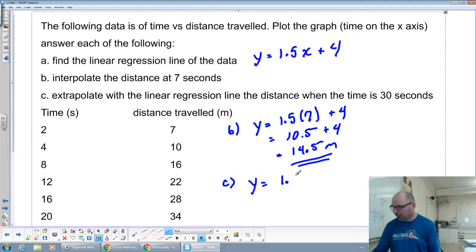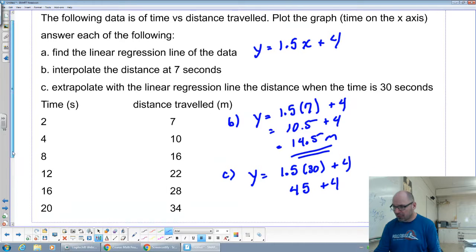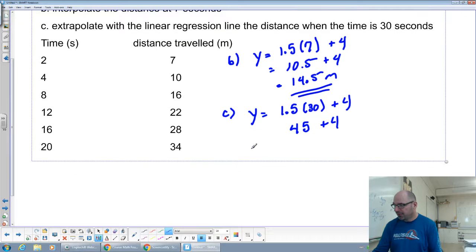So 1.5 times 30 plus 4. Okay, 1.5 times 30 is 45 plus 4. So this distance is then going to be y equals 49. So therefore, it's 49 meters at 30 seconds.